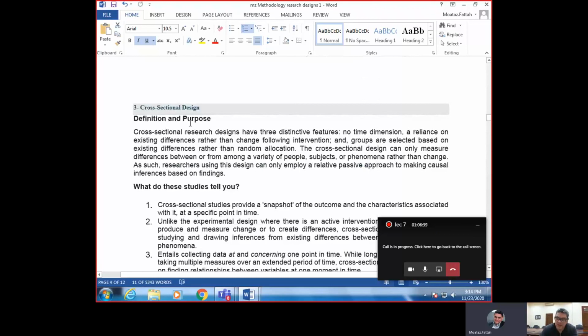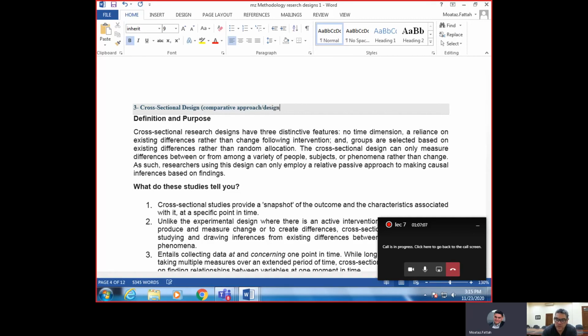A third model is called cross-sectional design. Cross-sectional research does have three distinctive features: no time dimension, a reliance on existing differences rather than change following intervention, and groups are selected on existing differences, not random allocation. This is what we used to call comparative approach or design.